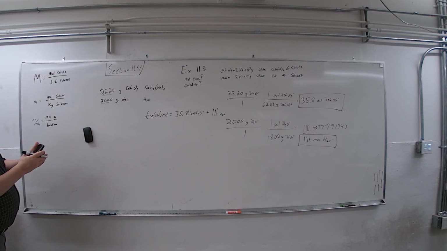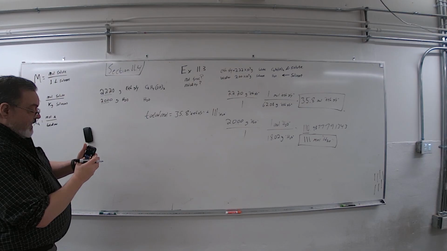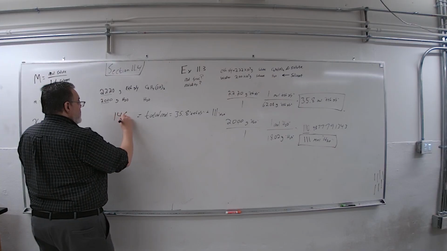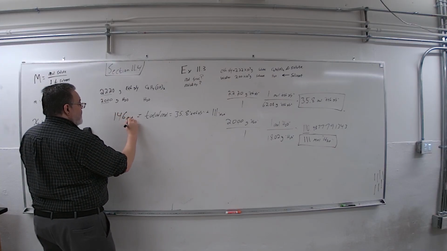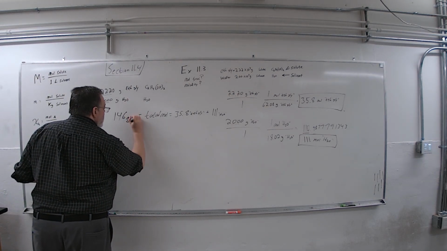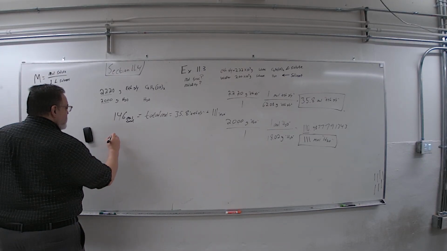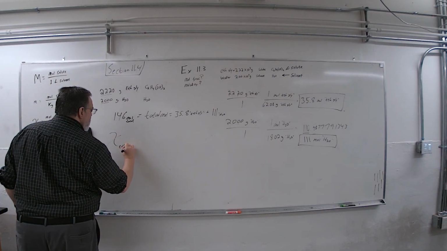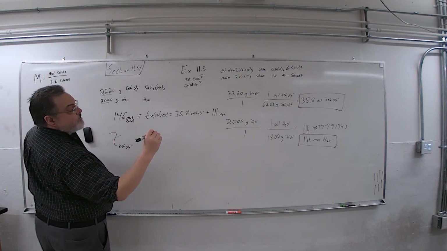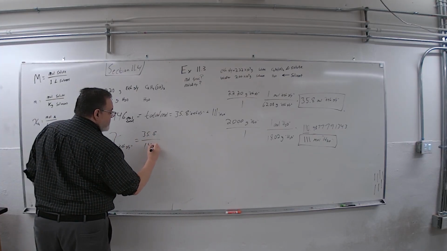It seems like I should be able to do that in my head very easily, but I'm not going to. 35.8 plus 111. Total moles. And then the mole fraction of ethylene glycol is 35.8 over the total moles, which is 146.